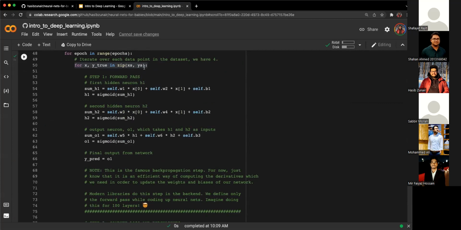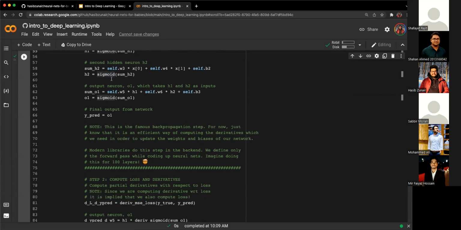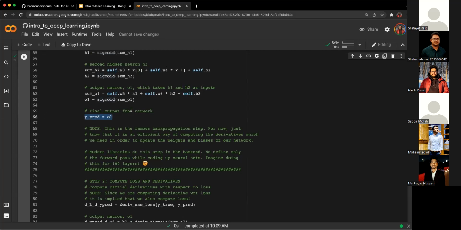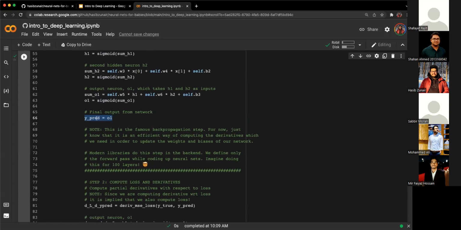So for each example, we do a forward pass, which is step 1. We use this operation here where we multiply the weights, add a bias, and then activate. We do that for each of the neurons, and finally we get the output of O1, which is called Y prediction. This is the predicted value that your neural network made, or a guess that your network made.